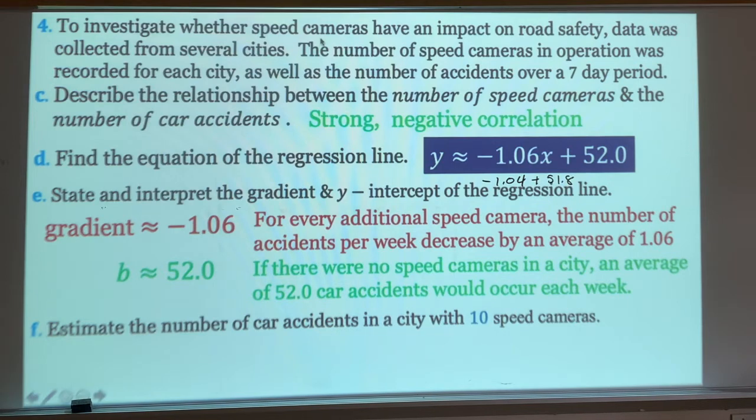Let's just use the equation they gave you. Estimate the number of car accidents with 10 speed cameras. So you're going to type in that number. Ha!